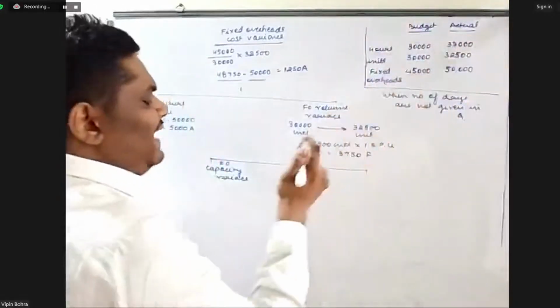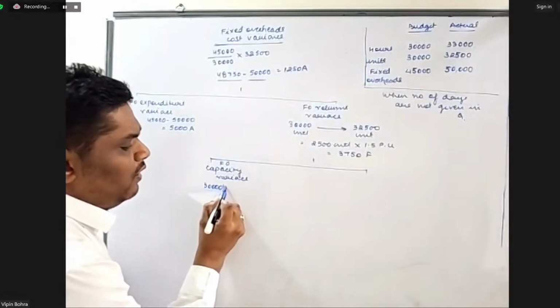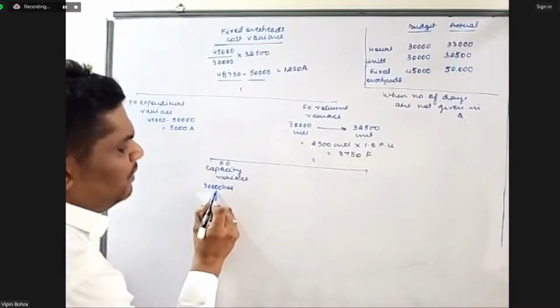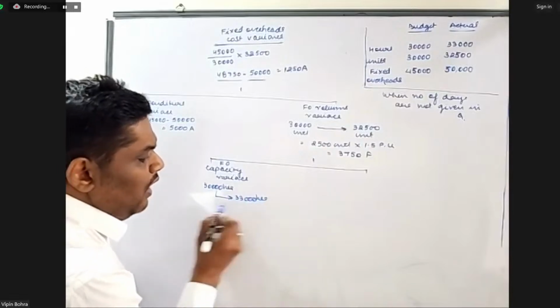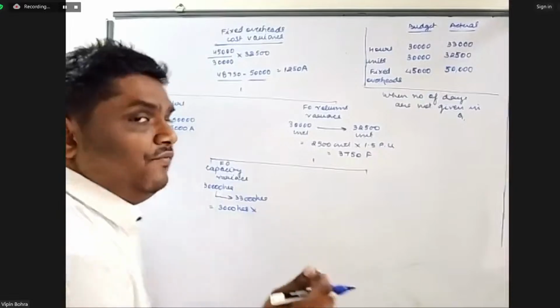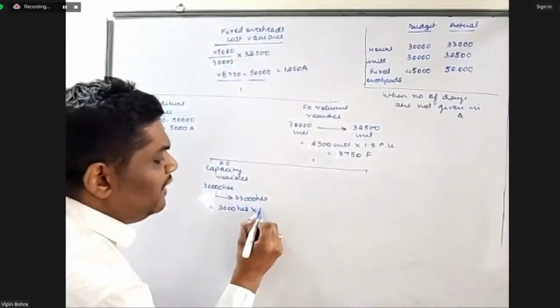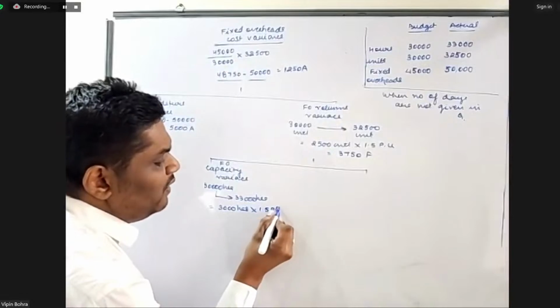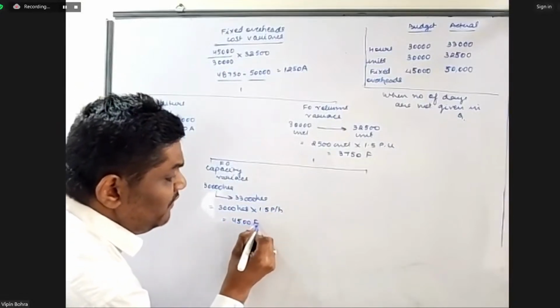So we can directly calculate capacity variance. We have the capacity to work for 30,000 hours, but we actually worked for 33,000 hours. How many hours extra? 3,000 hours we worked above our capacity into the rate per hour, that is 1.5 per hour. So this will be 4,500 favorable.